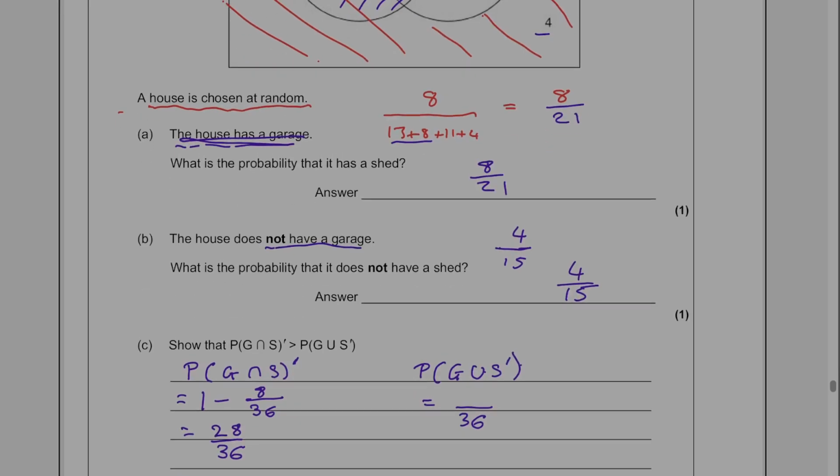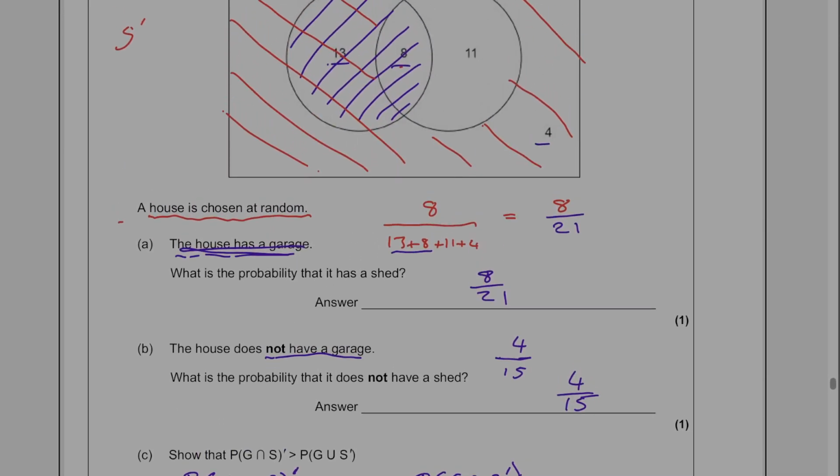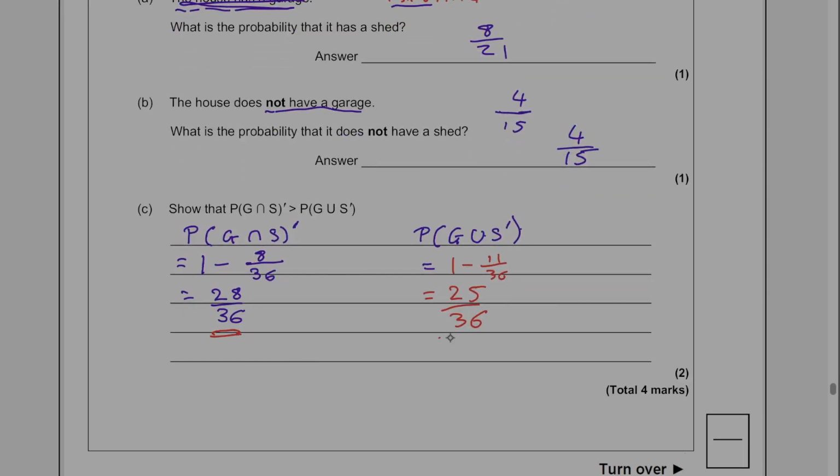So again, I'm going to do it as a 1 minus. So it's going to be 1 minus 11 over 36, which is going to be equal to 25 over 36. So that's the two probabilities. And 28 out of 36 is bigger than 25 out of 36.